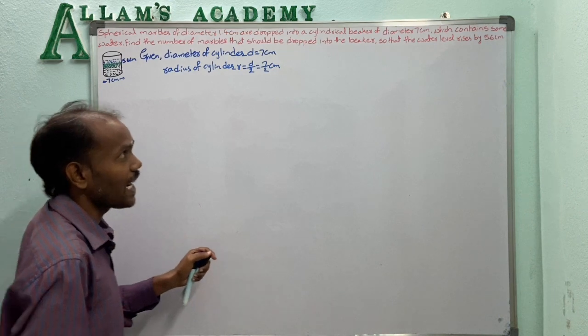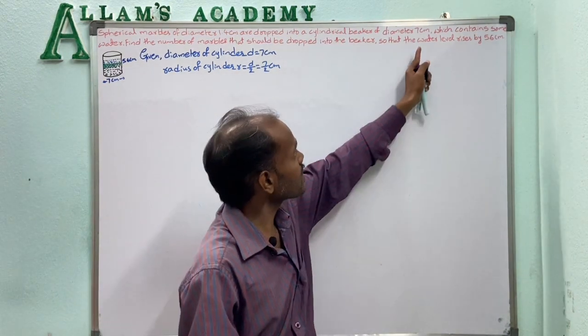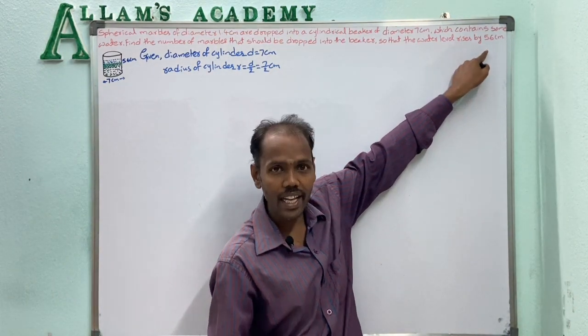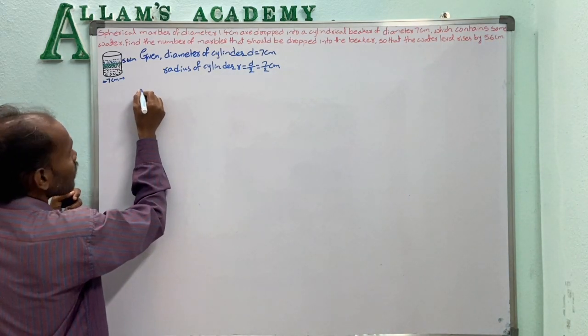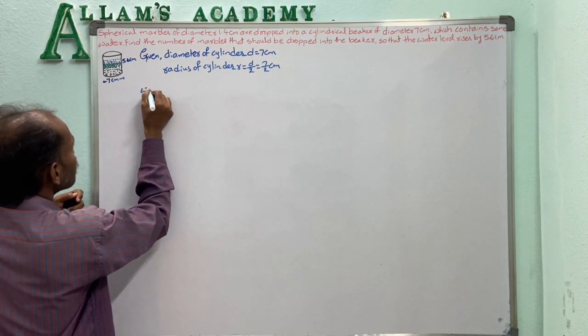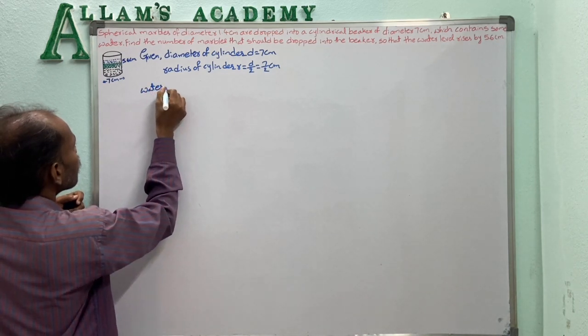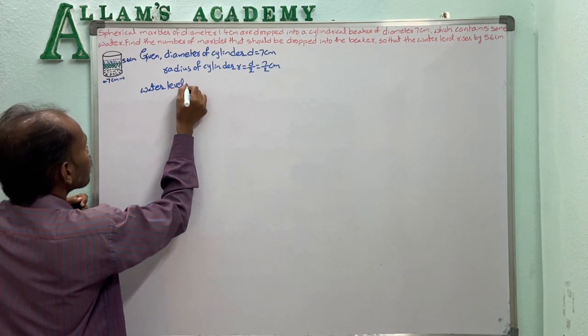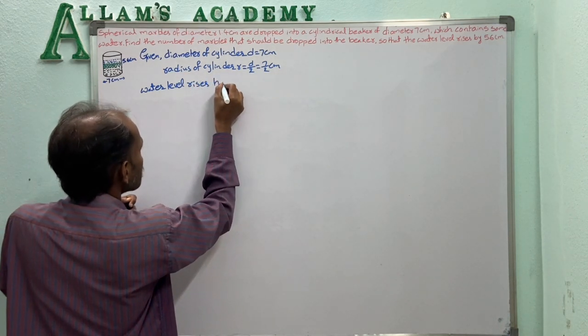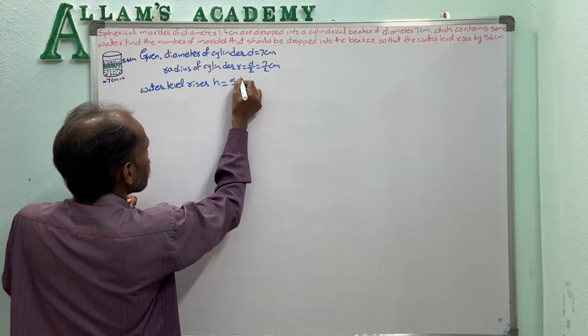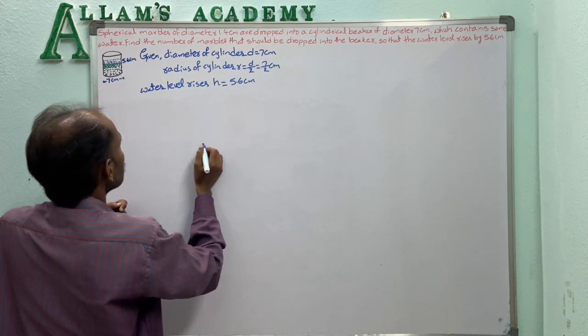Next, height of the cylinder. Here the water level raised is nothing but the height. So the water level rises, h equal to 5.6 centimeters.